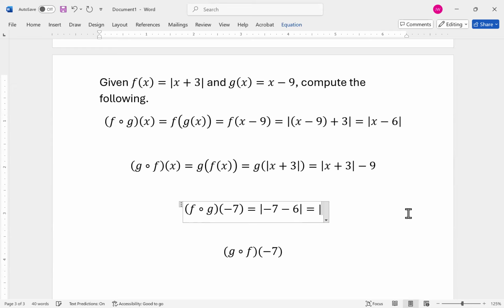So that's the absolute value of -13. Again, absolute value of a negative number gives me a positive number. So absolute value of -13 gives me a positive 13.